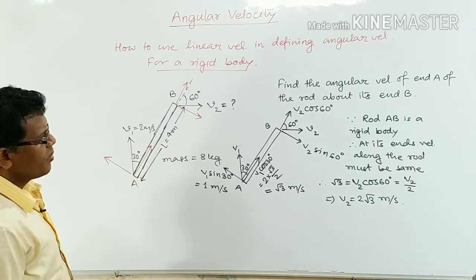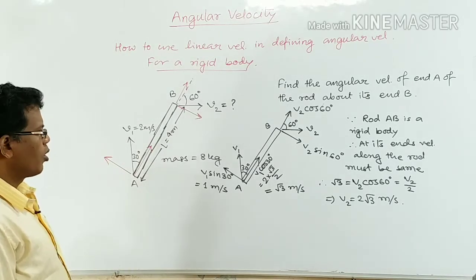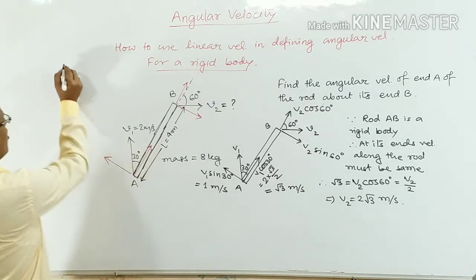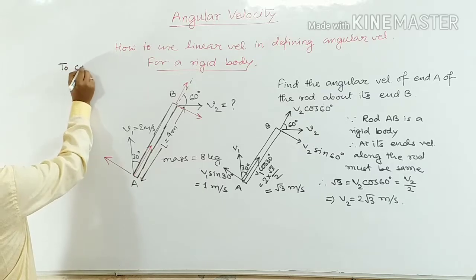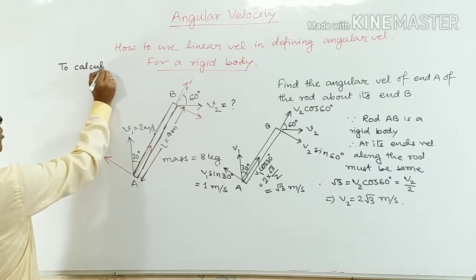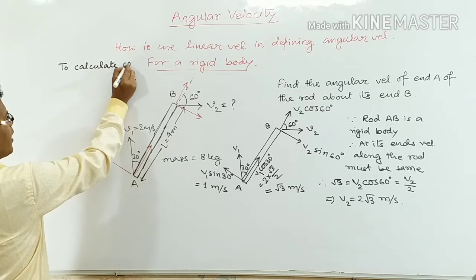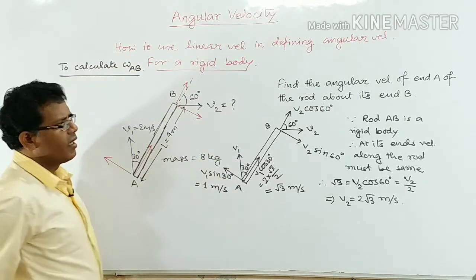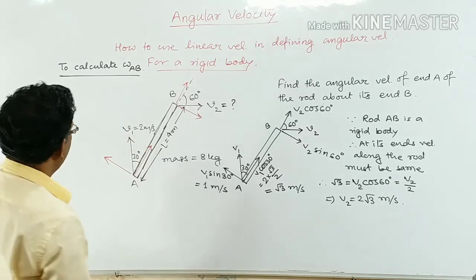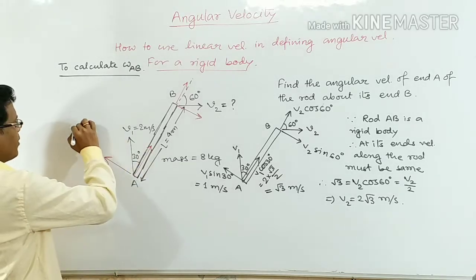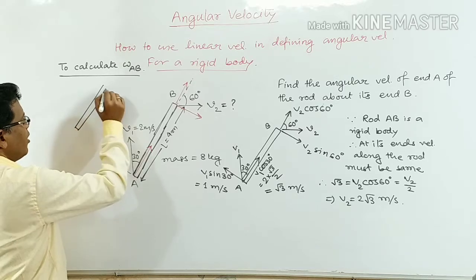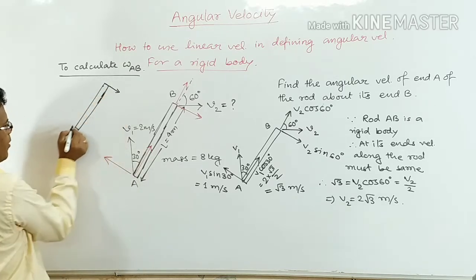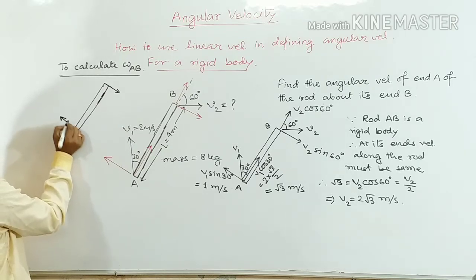Now, as we need to know the angular speed of the rod about end B, to calculate omega A about B, that means we need to know omega AB. To calculate omega AB, we need to be concerned with the linear velocities perpendicular to the rod, right?